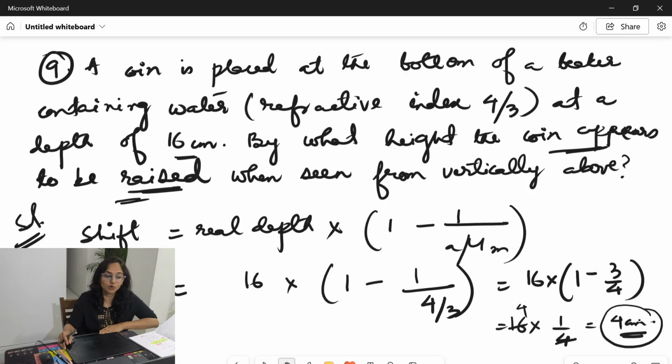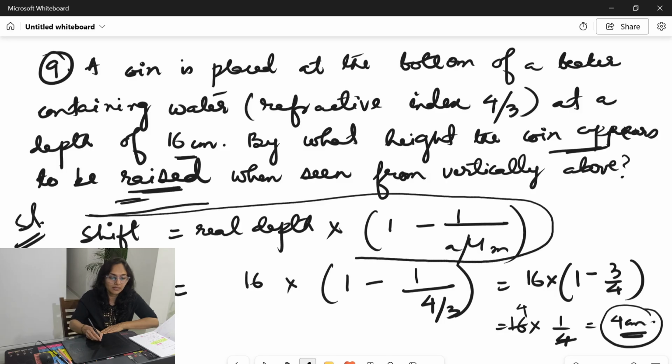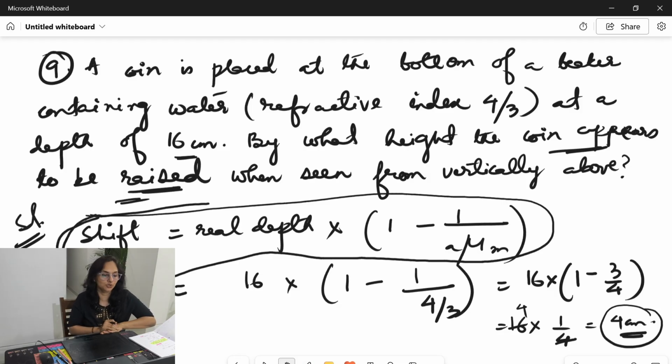So by what height the coin appears to be raised when seen from vertically above, we can calculate using this formula, and the answer is 4 centimeter. So we can solve such questions using this formula of shift: shift equals real depth into 1 minus 1 upon a mu m.